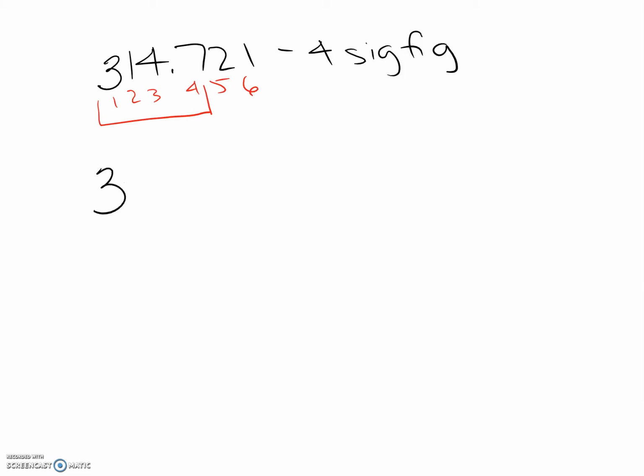So we're going to take 314 and since we want to keep this last figure as significant, we have to determine if we should round it. So we look to the right, so we look at the number 2 and determine, does it cause the number 7 to round up or stay the same? Because it is less than 5, that means that the number 7 stays as it is.